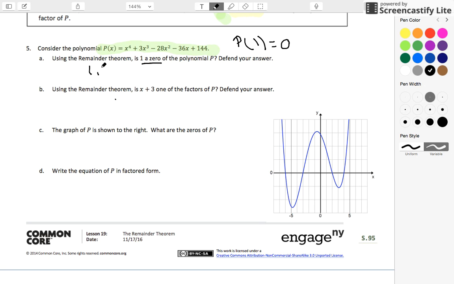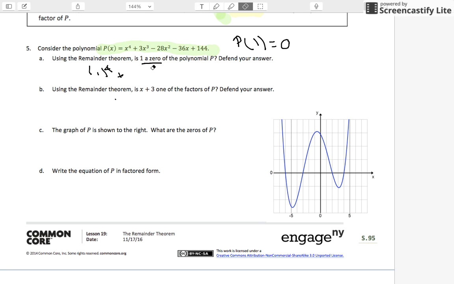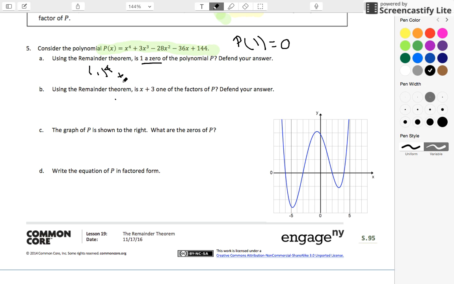I'm going to have 1 to the fourth power plus 3 times 1 to the third, minus 28 times 1 squared, minus 36 times 1, plus 144. Sorry if I keep erasing, this is my first time doing this.